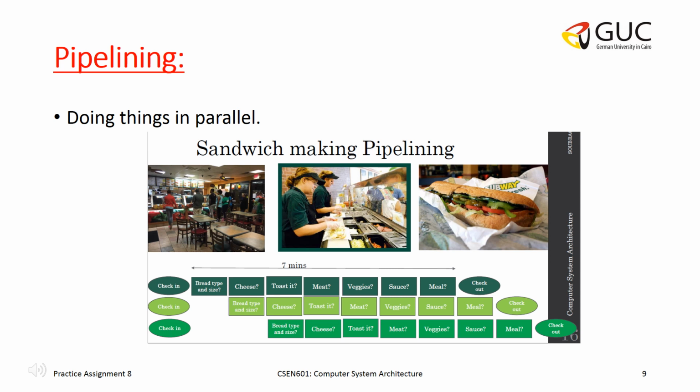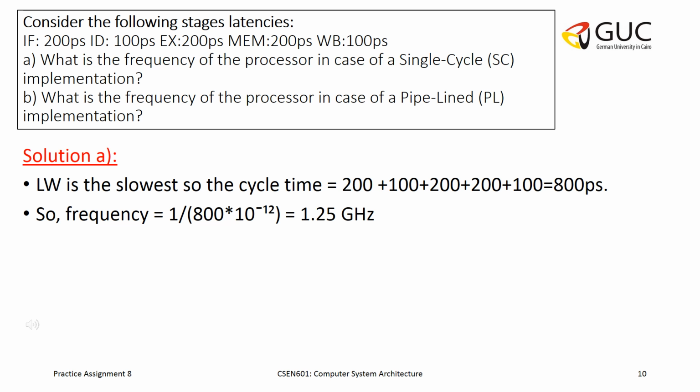We will have several examples to understand that, but this is the main concept of pipelining: to have everything in parallel with a slight delay, so that not all the instructions will have to access the same hardware at the same time. So let's have our first question.